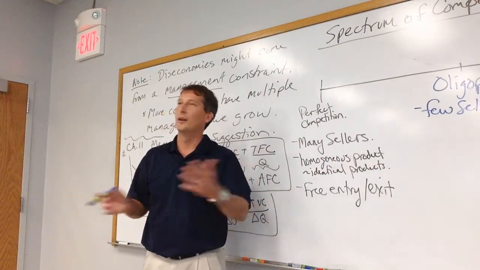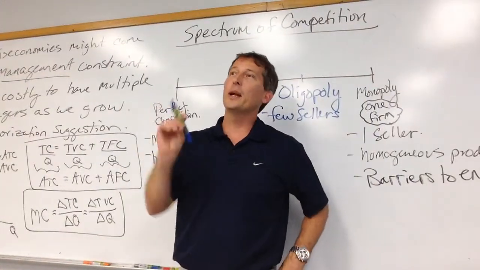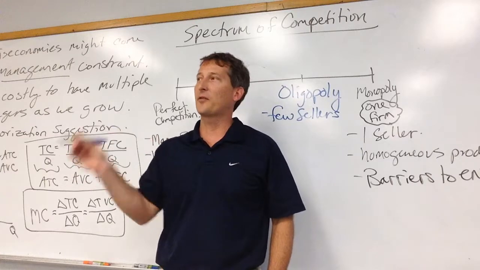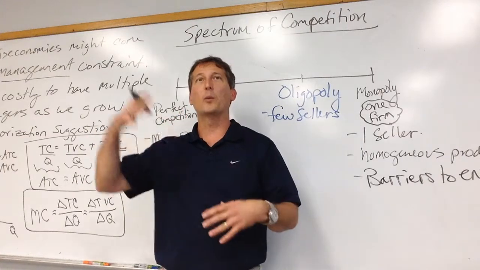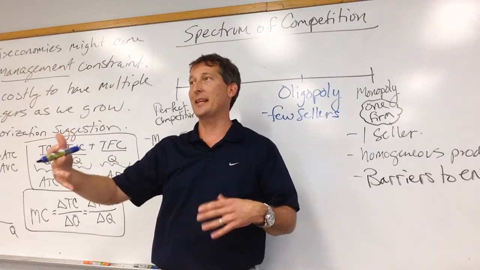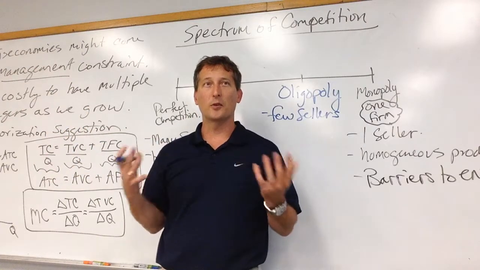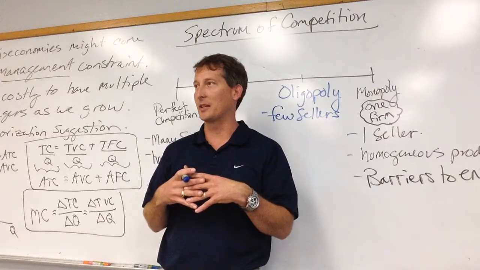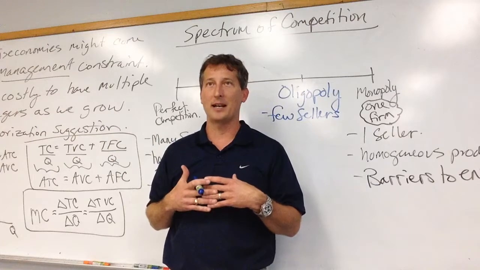Is that 2? Well, the answer is that it's few enough so that each firm is interdependent with the others. When one firm makes a decision, it has an impact on my bottom line, right? So firms tend to act strategically with each other. One firm's decision impacts my company.